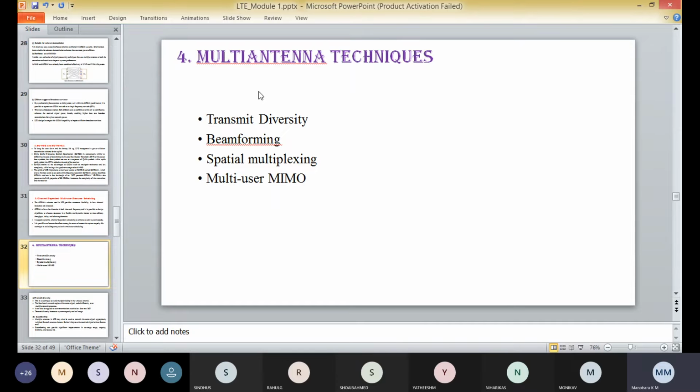Depending on the deployment scenario, one or more of the techniques can be used. The multi-antenna techniques supported in LTE systems include transmit diversity, beamforming, spatial multiplexing and multiple user MIMO.